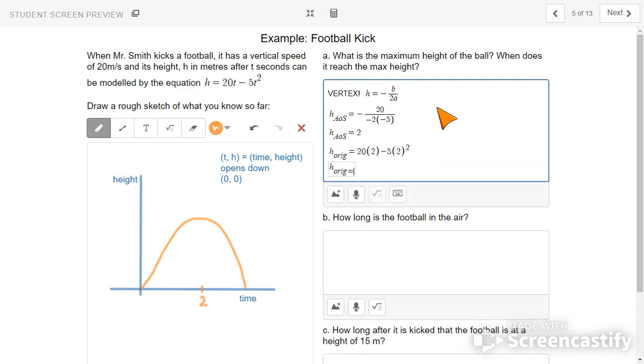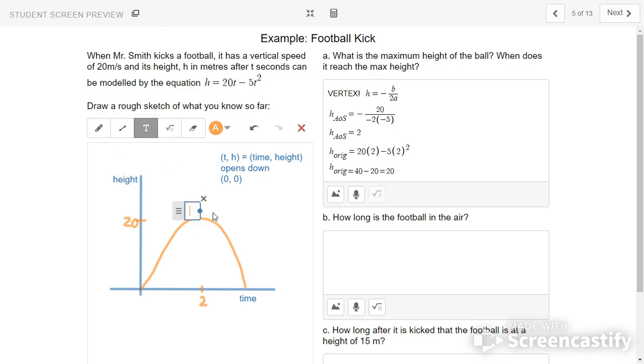So h original is equal to 40 minus 20, and we have a height of 20. Our vertex, 2, 20. So this answers the question, what's the maximum height of the ball? Maximum height is 20 meters. When does it reach the maximum height? It reaches it at 2 seconds.